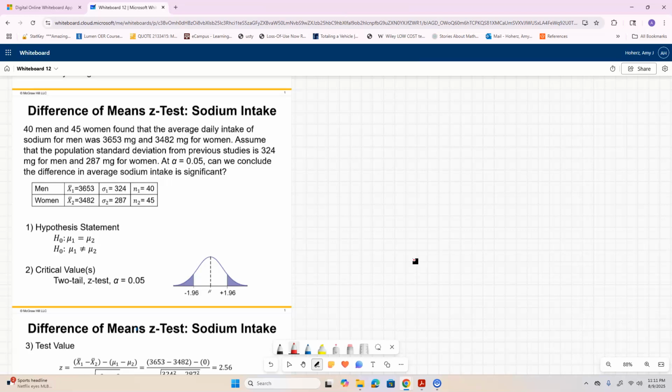Now, you might be tempted at this point to think, oh, the men was higher than the women, so I'm going to do a greater than. But we haven't gotten to what they want us to test yet, so let's hold off on that. So right now, all we know for our hypothesis statement is that we are comparing the means of two samples. And so we know the null hypothesis is that mu1 equals mu2.